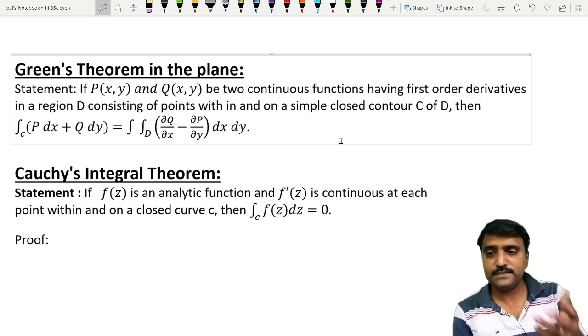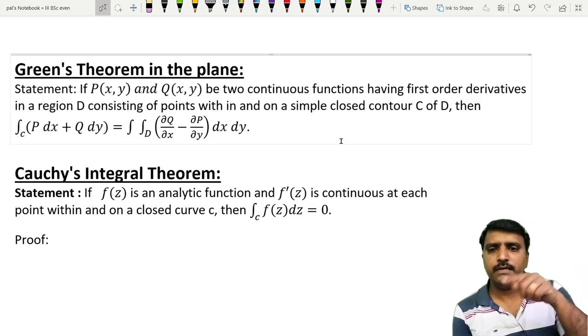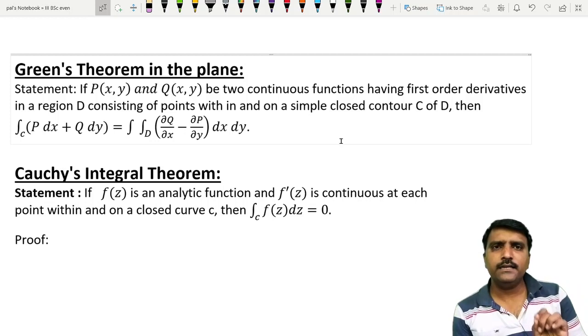So actually, if f of z is analytic and its derivative f dash of z is continuous at every point in the closed curve C, then the integration of f of z with respect to z over C is always 0.